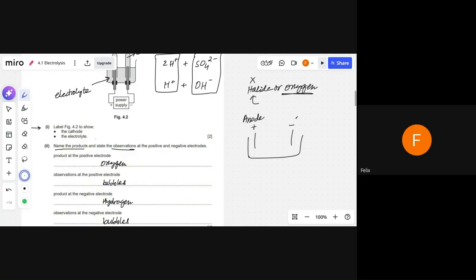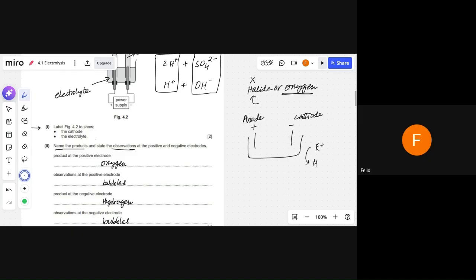For the cathode, that is negatively charged, you compare the positive ions involved with the reactivity series. Whichever element is the least reactive will be deposited, right? So for example, if it's potassium, hydrogen in the reactivity series is less reactive than potassium, so hydrogen will be deposited and the potassium will remain in the solution.